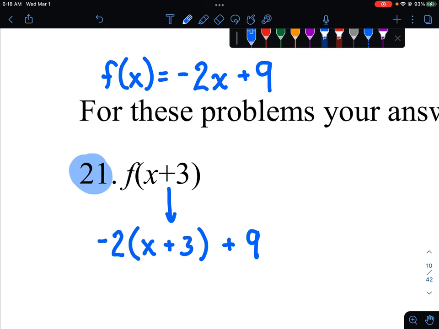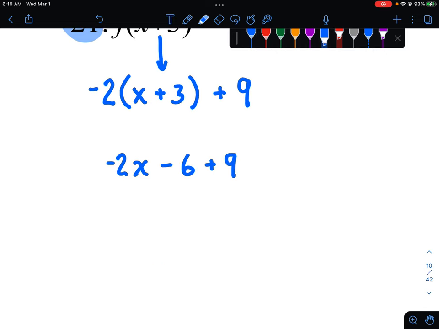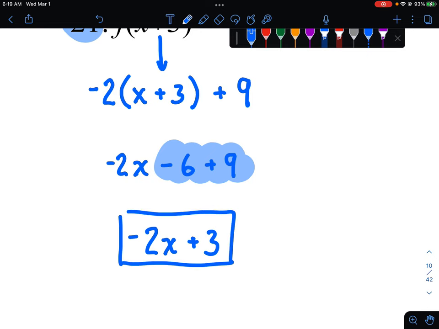Now I'm not plugging in a number to get out a number. I'm going to plug in an expression, and usually I'm going to get out an expression. So I'm going to distribute that negative 2. So I'll get negative 2x minus 6 plus 9. Now I'm just going to simplify this the best I can. I can combine those two terms. So I'll get negative 2x plus 3, and that is the best I can do there.